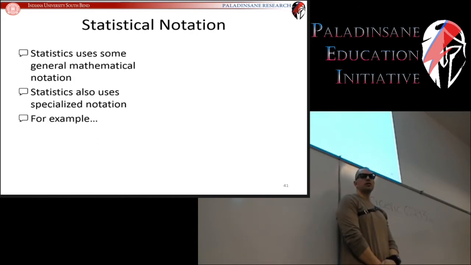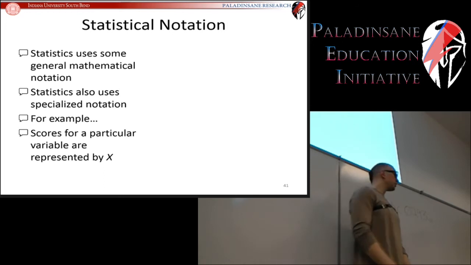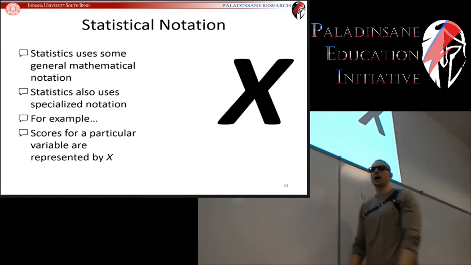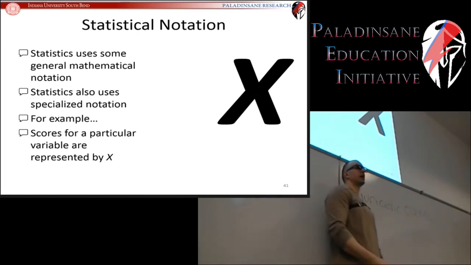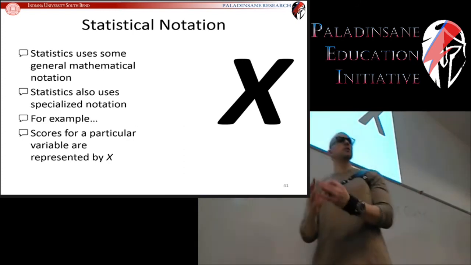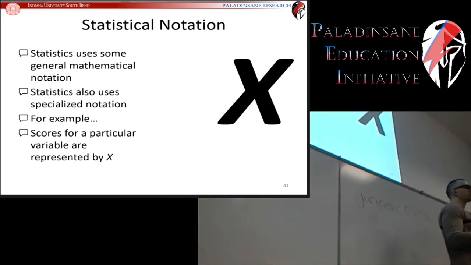So one of the ones that we're going to encounter today is the symbol for a bunch of scores. Scores on a particular variable. And the symbol for scores on a particular variable is a capital letter, usually capital X. So capital X stands for scores, and it stands for all of the scores. It stands for the set of scores.